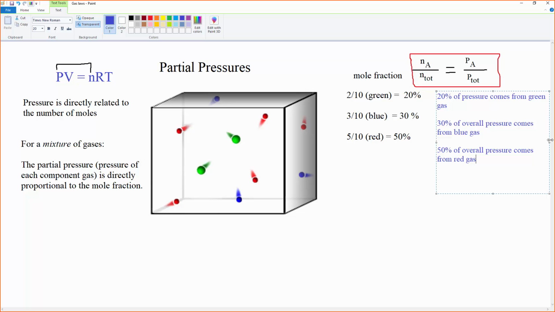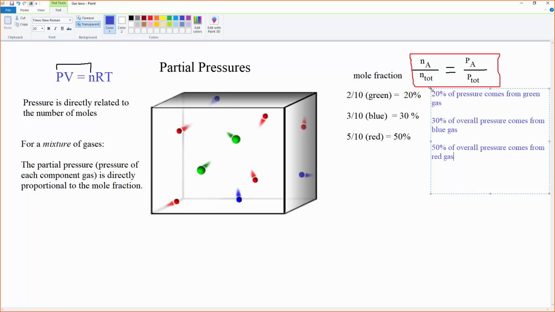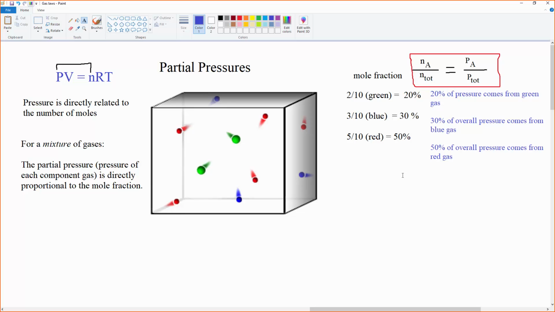That's what this is saying. Does that make sense to you guys?